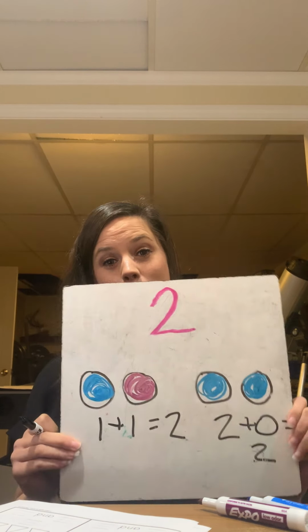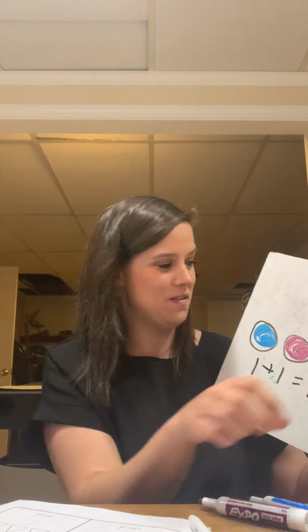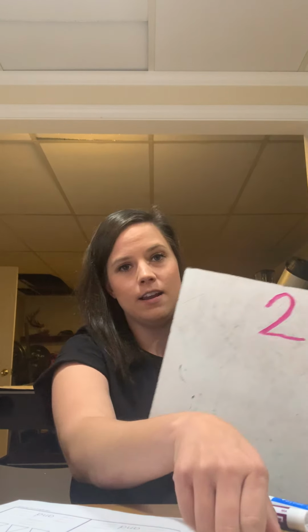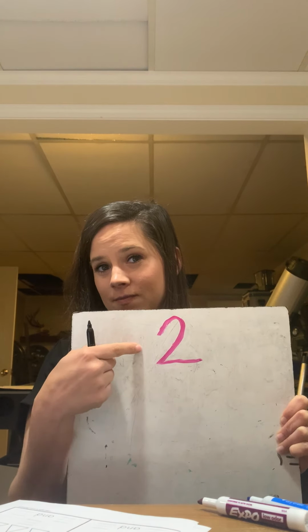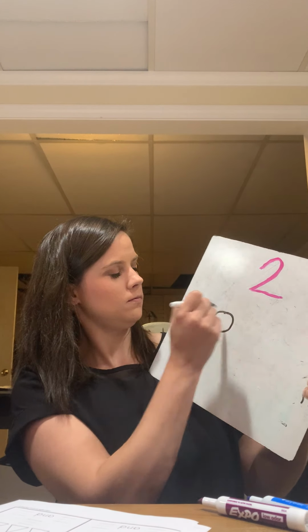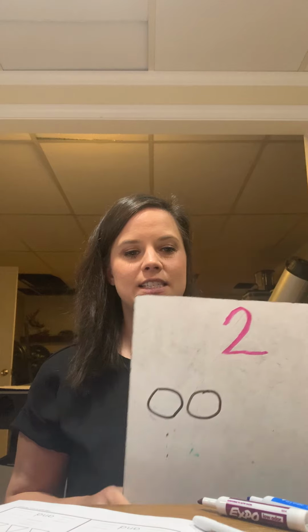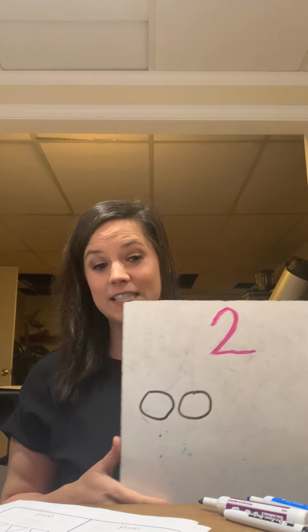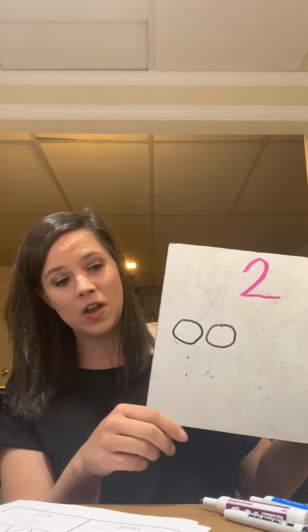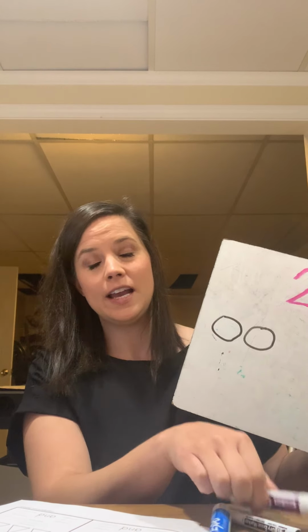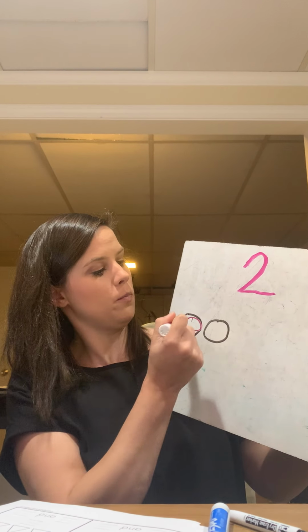There is one more way to make 2. So let me erase my board. And then now I've got to draw my circles again. How many circles am I drawing? 2. So this time let's do 0 blue and let's do 2 purple.